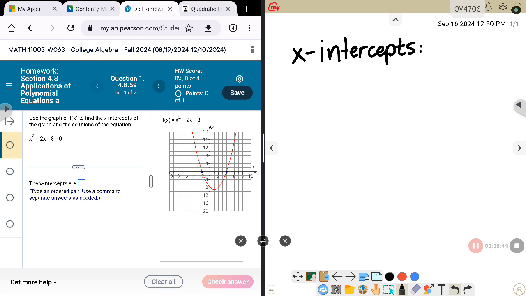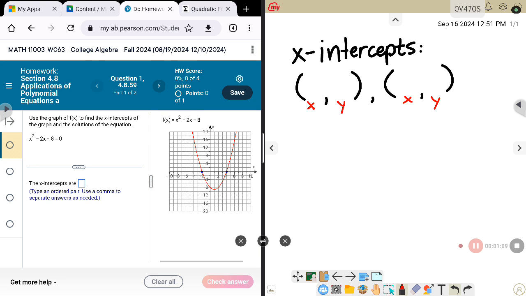The x-intercepts of a graph are where they cross the x-axis. You'll notice that the two blue dots on that graph are the two places where that U or that parabola crosses the x-axis. So I am going to write those 2 points.